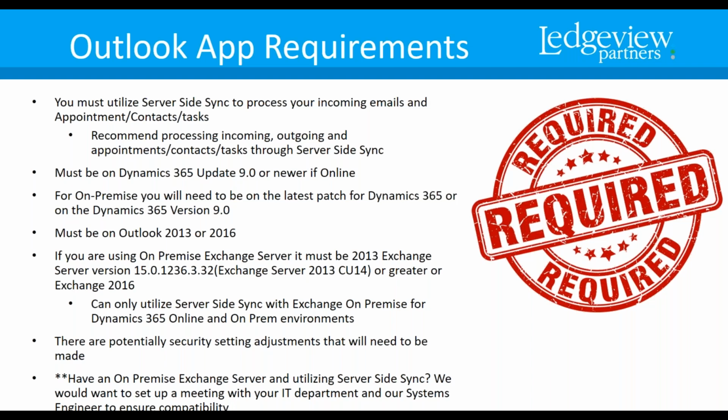Okay, these are available to be gone through. It's not a large setup to make those security adjustments. And if you have an on-premise Exchange server and you're utilizing server-side sync, we highly recommend that we set up a meeting with your IT department and our senior systems engineer to ensure compatibility.